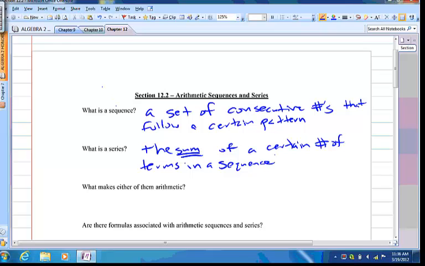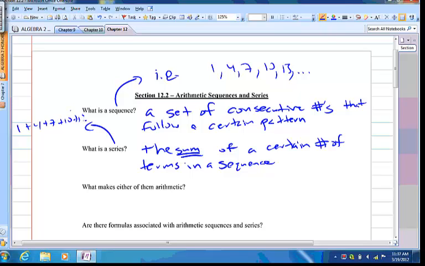So for example, if I have 1, 4, 7, 10, 13, dot dot dot, that right there will be a sequence. But then if I had this, 1 plus 4 plus 7 plus 10 plus 13, that's a series because I'm adding up a certain number of terms in the sequence.